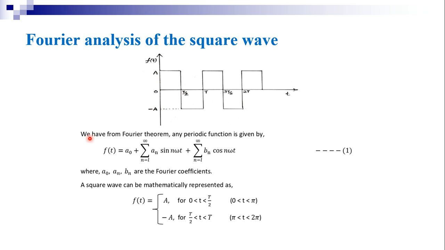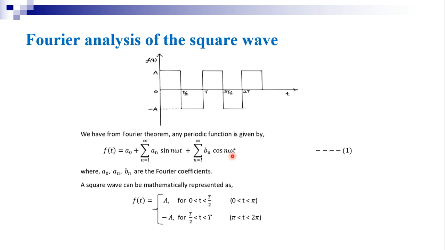From the Fourier theorem, any periodic function is given by f of t is equal to a naught plus summation n is equal to 1 to infinity of a n sin n omega t plus summation n is equal to 1 to infinity b n cos n omega t.